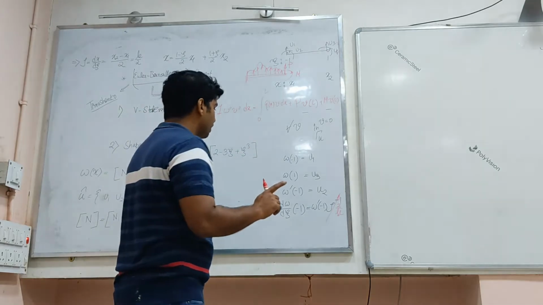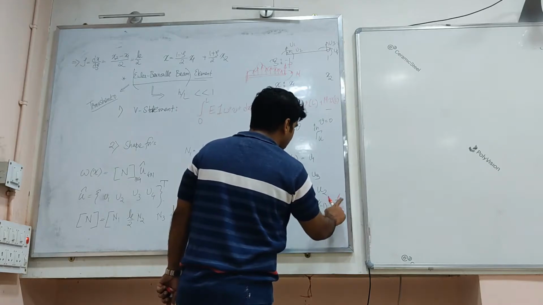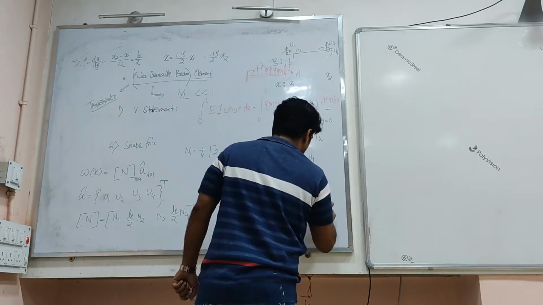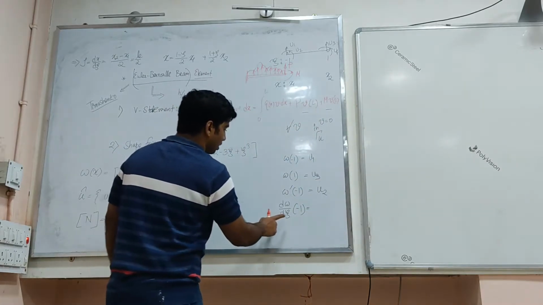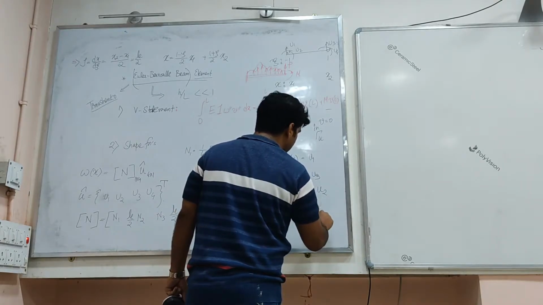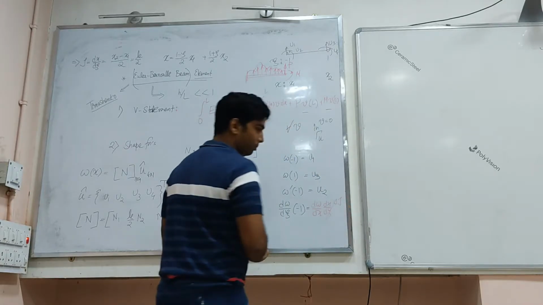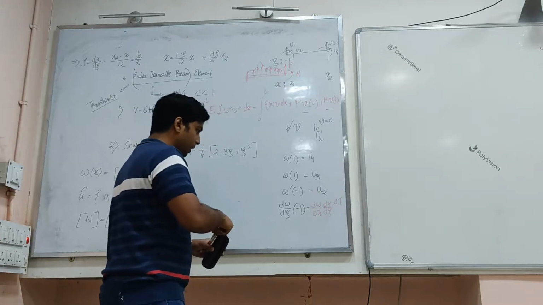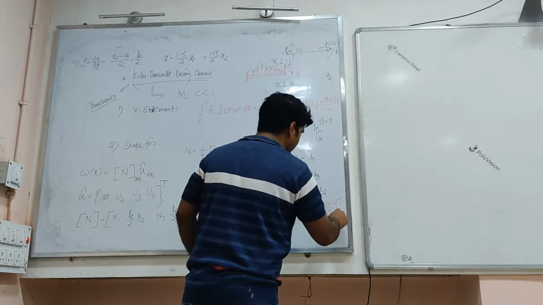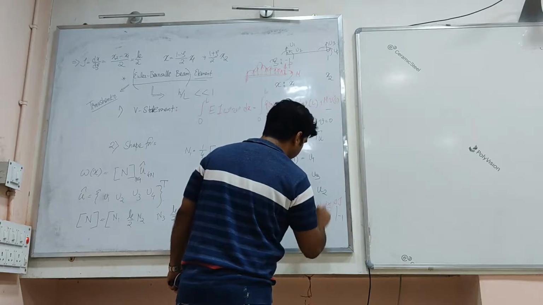One thing I will say: see, dW d xi is dW dx times dx d xi. So it's not J inverse but J. So this thing evaluated at -1 is U2 times LE divided by 2.